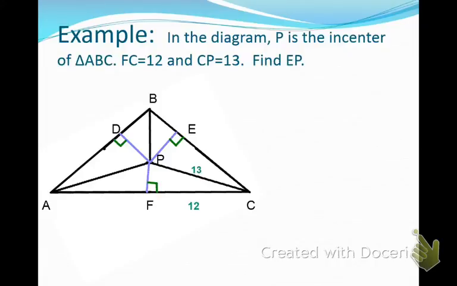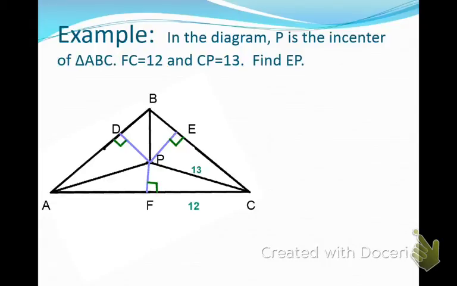What's the only thing we can find in this picture? FP. I can find FP using what? It's a right triangle. Pythagorean theorem. So we're going to find FP with the Pythagorean theorem.